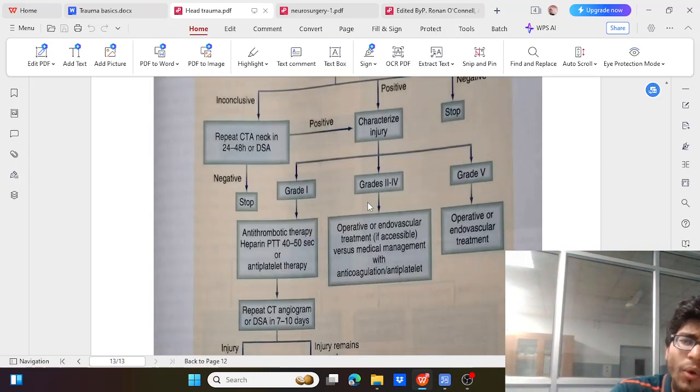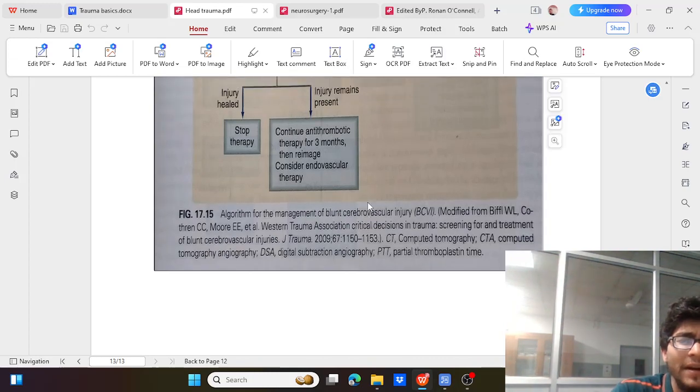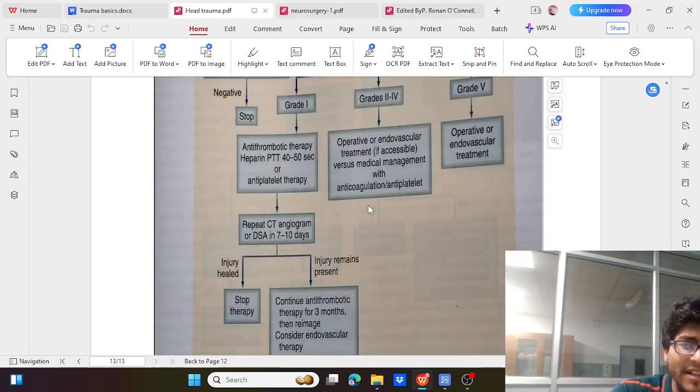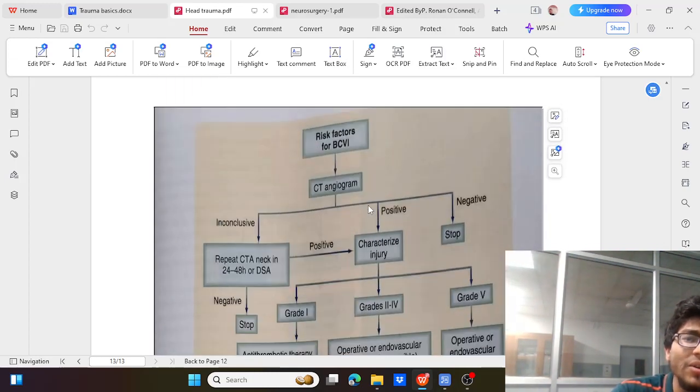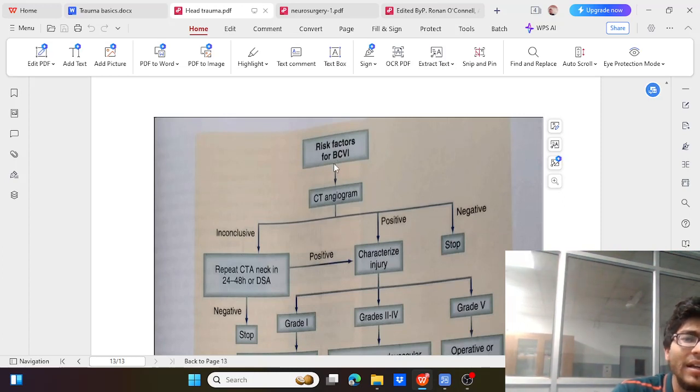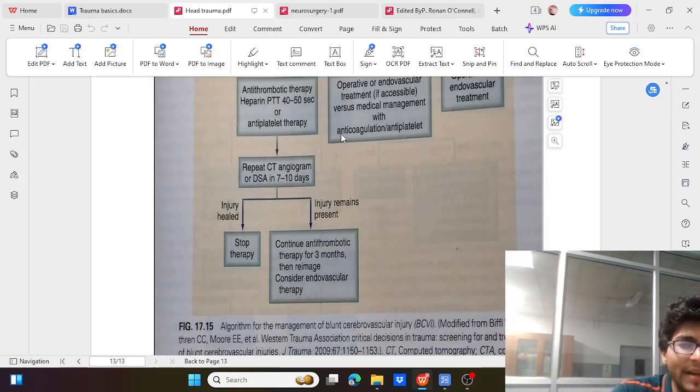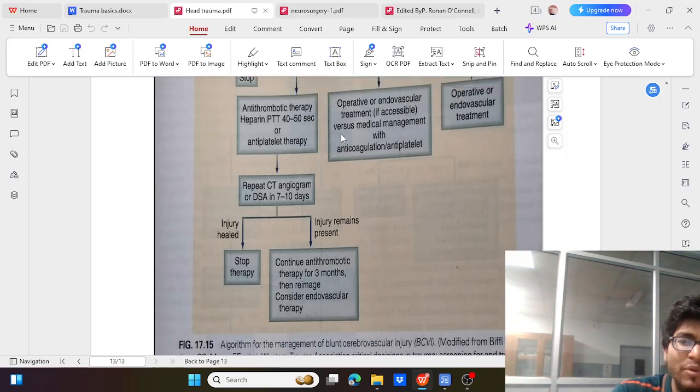And lastly, we'll just go through quickly the vascular injury. So if we are suspecting blunt cerebrovascular injury.